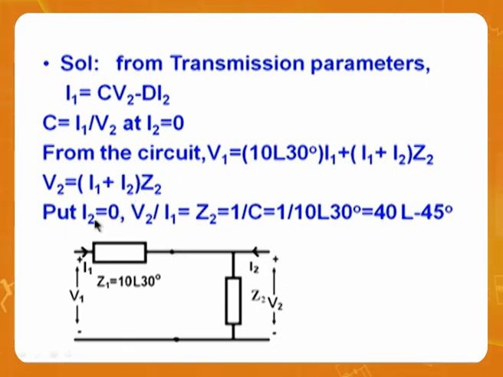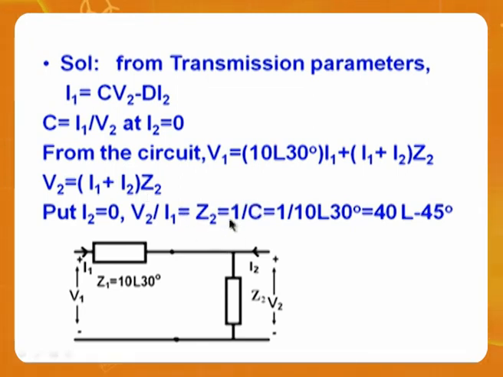If I put I2 0, what will happen? This is 0. This is 0. So calculate I1 there and substitute here. You can comfortably get the ratio between V2 and V1. So follow me. If I2 is 0, V2 by I1 is simply equal to Z2.